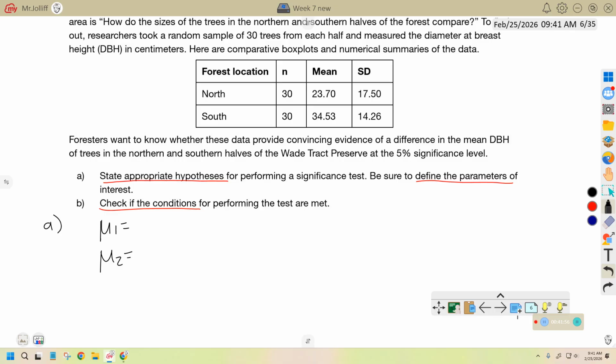Yeah, that DBH. Good. So this is the population mean DBH for trees in the north. And I could be a lot more specific. I could write out diameter at breast height. I could write out trees in the north of this preserve tract. This is a timed test.